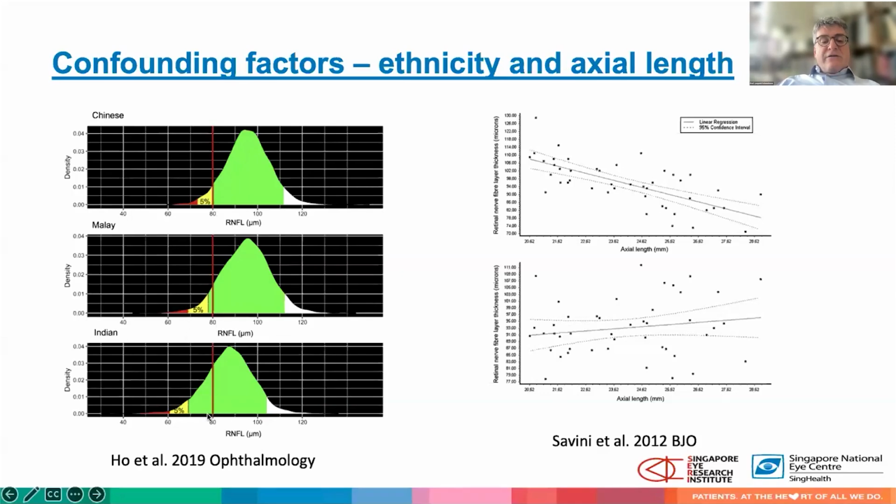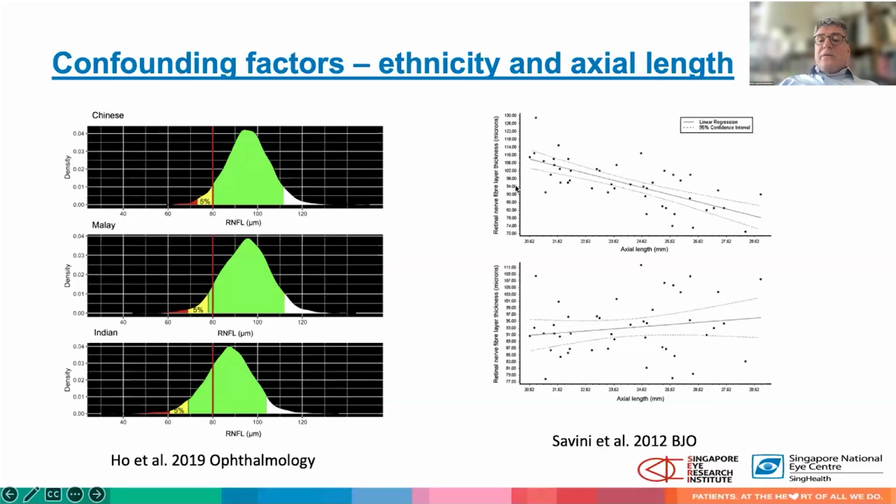And this is very critical because if you use, let's say, a normative database that consists of Chinese, and you apply it to Indians, you would have a lot of red segments erroneously, and this will maybe result in overdiagnosis of glaucoma. What is also important is that there is an effect of axial length.